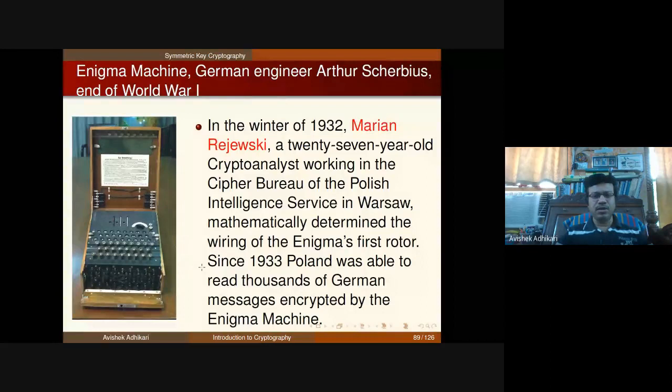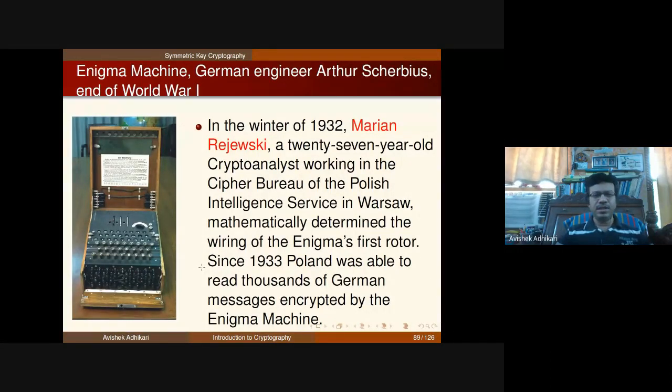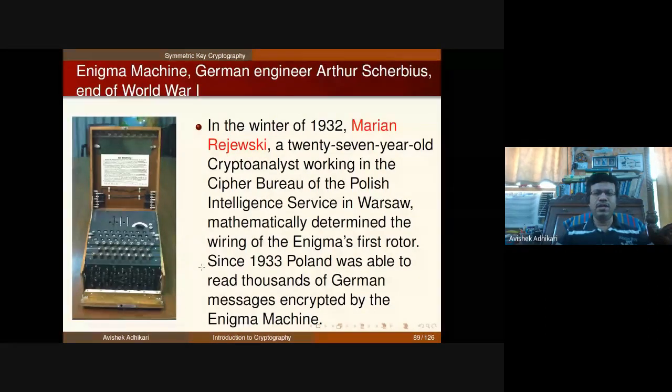It was a machine through which they encrypt their message and send the message to some other guy, say some German people who are in the battlefield. Since they also have the Enigma machine, they could decrypt this and nobody else. So they thought that in the world nobody could break this machine.